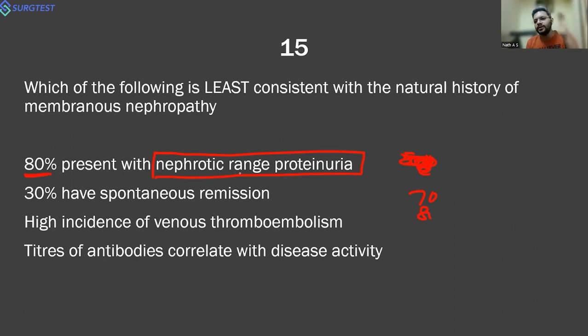In the first slide we talked about three terminologies: nephrotic syndrome, nephrotic range proteinuria, and non-nephrotic range proteinuria. In nephrotic range proteinuria, what did I tell? You have more protein, but the albumin is normal and edema is minimal. That is not the case with membranous nephropathy at all. Your albumin will be low. It is a nephrotic syndrome. That's the answer. Yeah, Fatur.